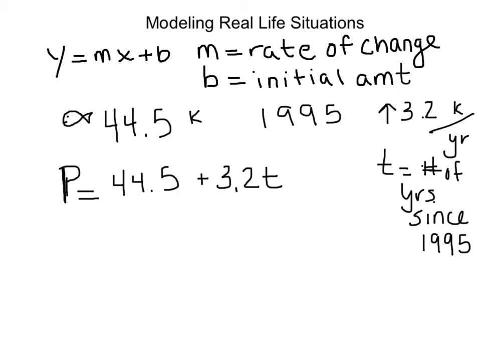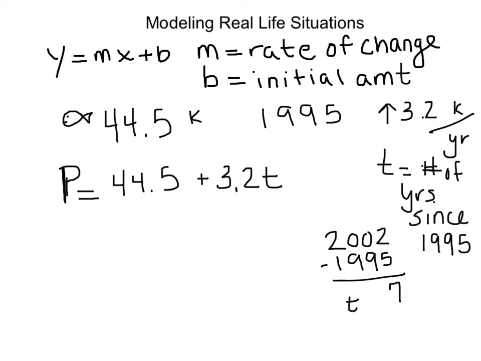So this problem asks us how much trout would be in there in 2002. I want to take the difference of the two because I only want the number of years, right? So the year 2002 minus 1995 is going to give me 7 years.